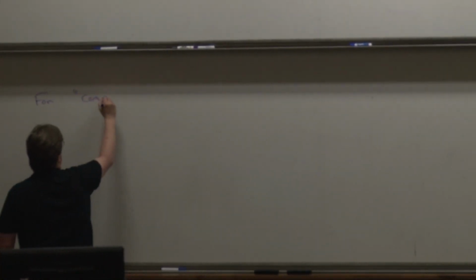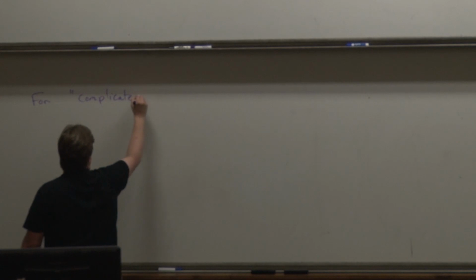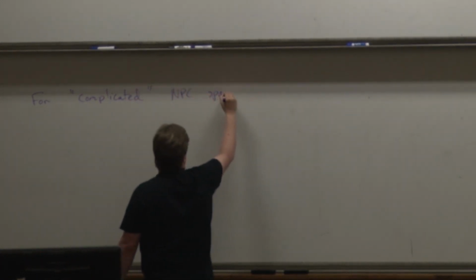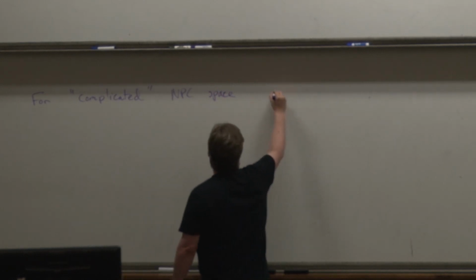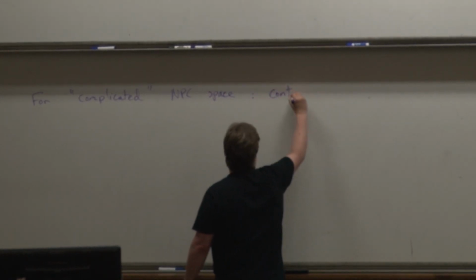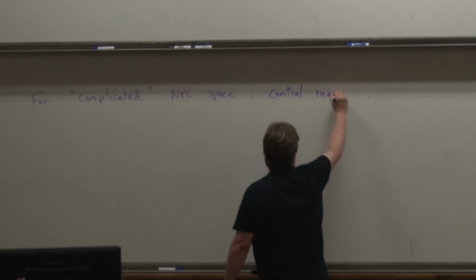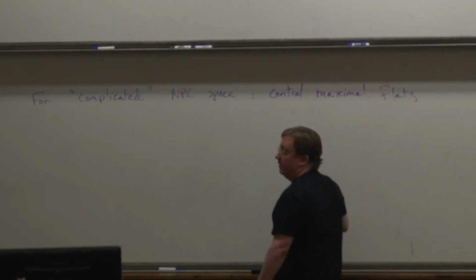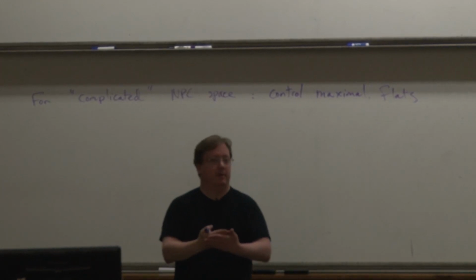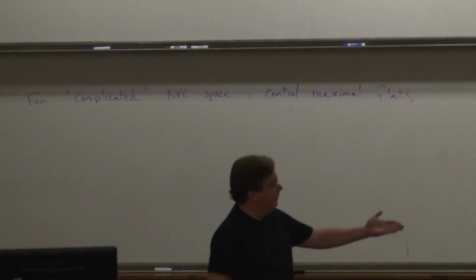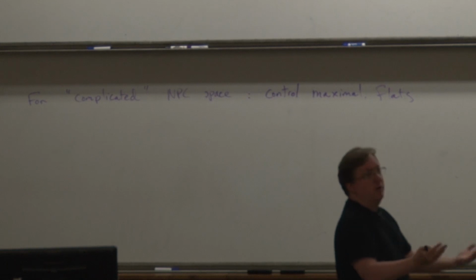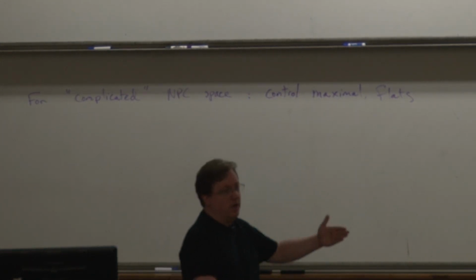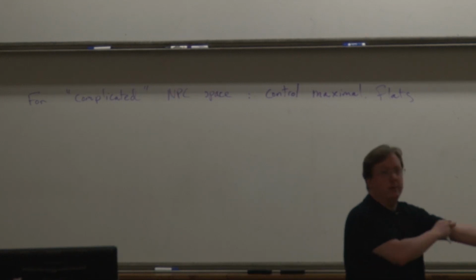for so-called complicated non-positive curvature spaces, the idea is to control maximal flats. Okay, so it's the maximal dimensional geodesically embedded Euclidean space. In the hyperbolic case, there are no copies of R2 inside something hyperbolic, so it's always just a copy of R1, which is the same thing as a geodesic.